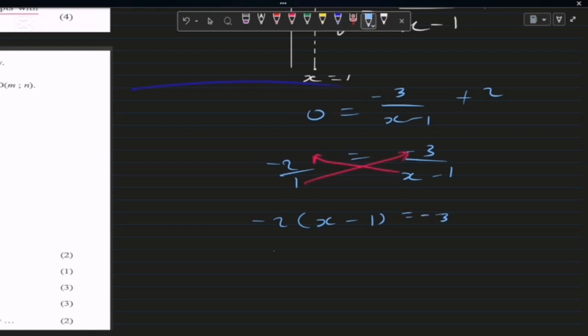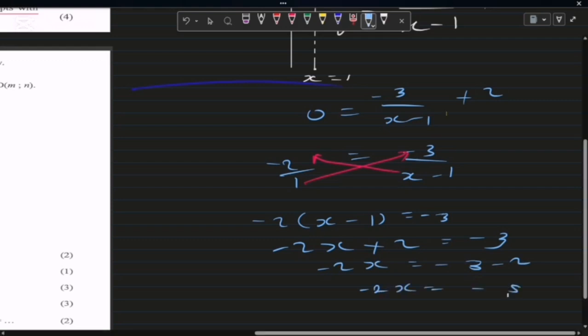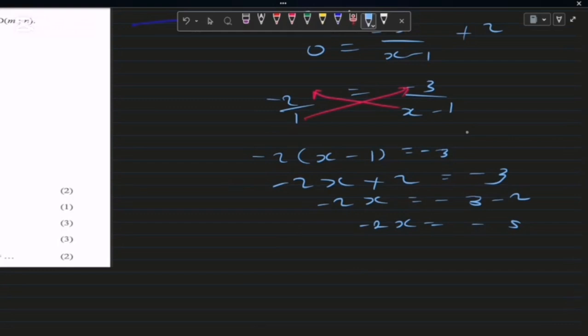So -2x plus 2 is -3, and then we can see that -2x is -3 minus 2. So -2x is -5. What does that tell us? It tells us that x is 5 over 2. Okay, positive 5 over 2.